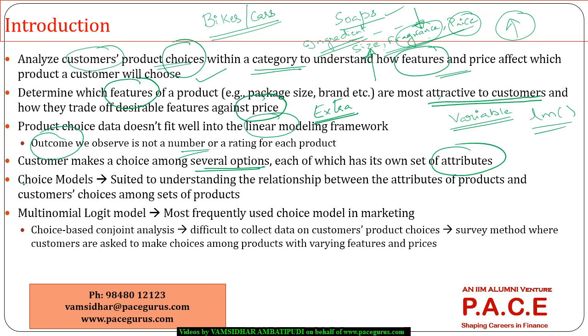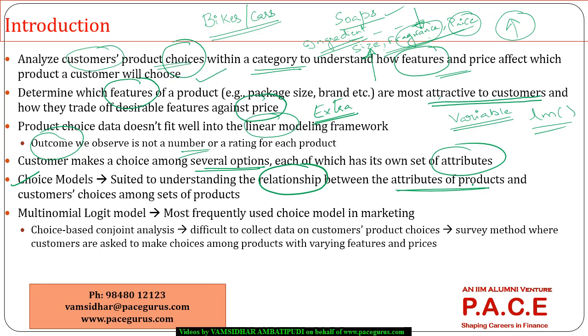This is where choice based models come into the picture, where I'm trying to look at the relationship between the various features of the product and the choice that the customer is making.